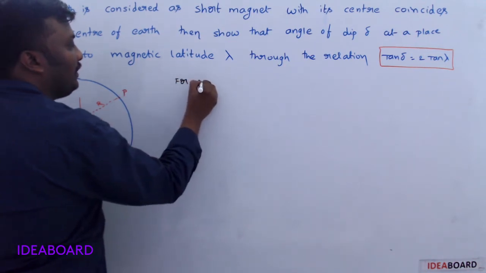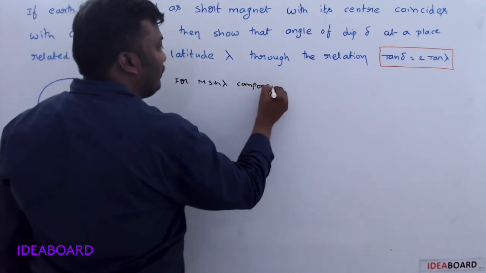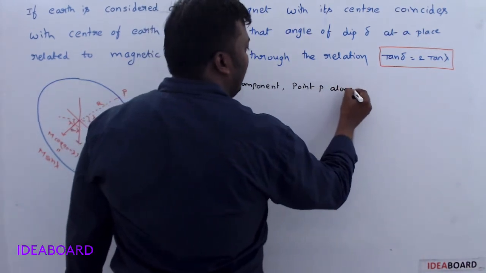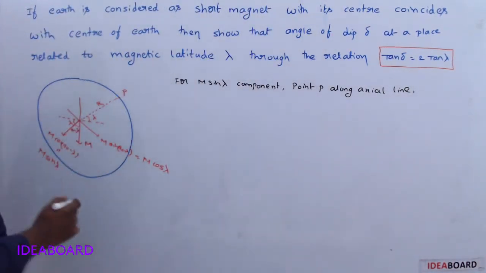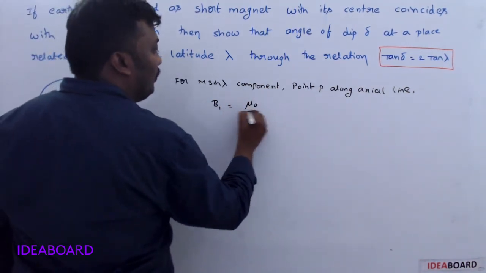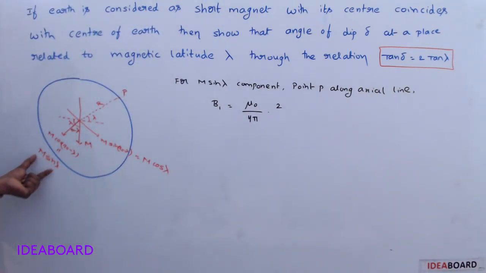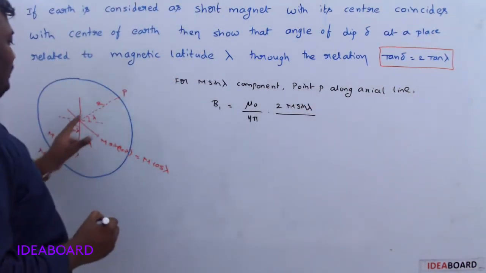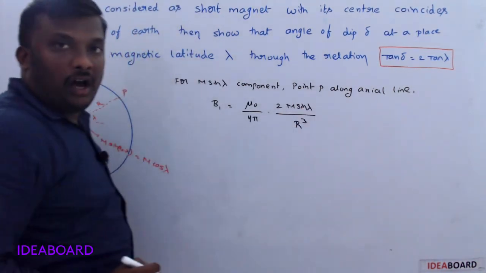So along the axial line, the formula for the magnetic field induction B1 is, we know, mu naught by 4 pi into 2 times the magnetic moment along the direction, m sin lambda, by distance r cube. So B1 is 2m sin lambda by r cube.